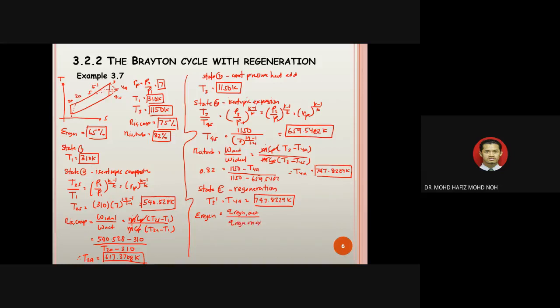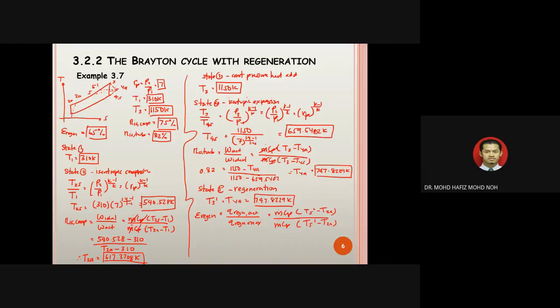So this one is M dot Cp (T5 minus T2 actual) divided by M dot Cp (T5 prime minus T2 actual).